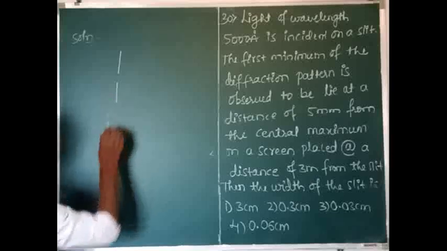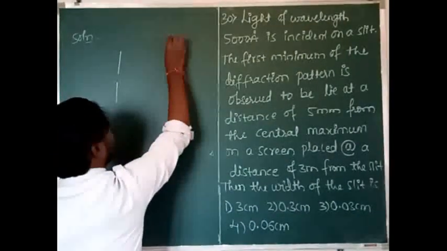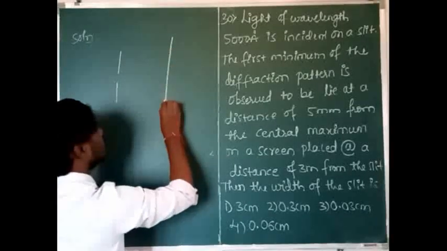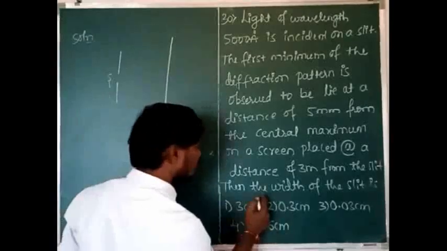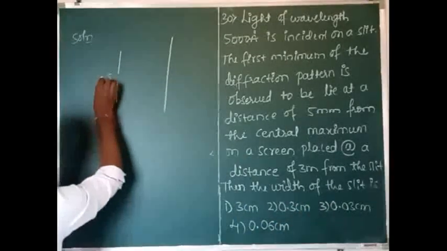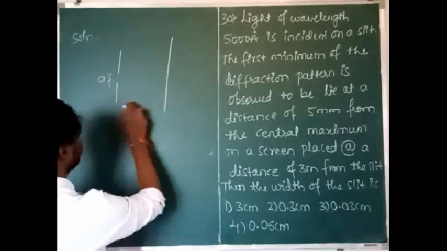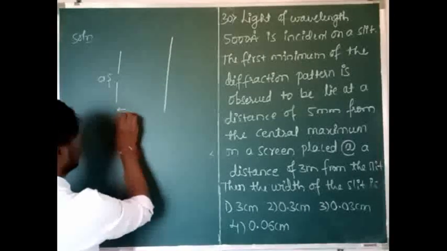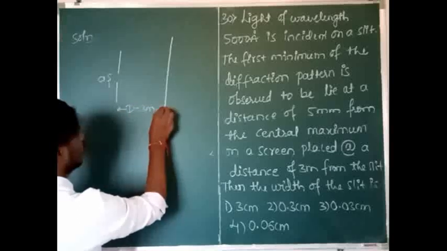A slit is a small opening, it is nothing but an aperture. Then it is a screen. Our aim is to find the width of the slit, that is a. The distance of the screen from the slit is 3 meter, capital D is equal to 3 meter.